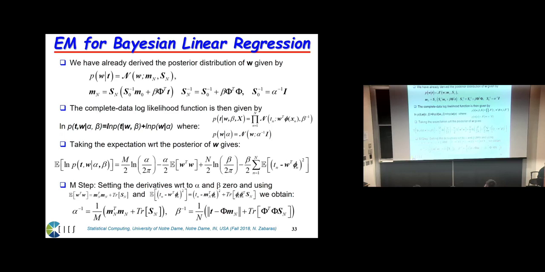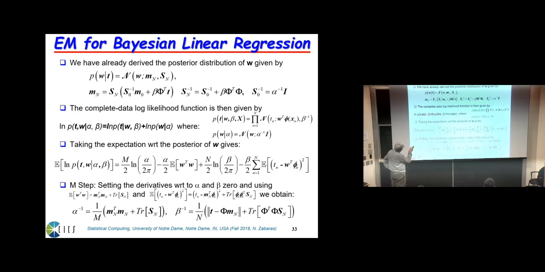So this is the posterior that we had computed many lectures ago, right? And this is the mean and the precision of the posterior, just handy formulas. So how about if, in the context of the EM algorithm, I form the joint log likelihood, all right, with given hyperparameters alpha and beta? So what's the joint log likelihood?